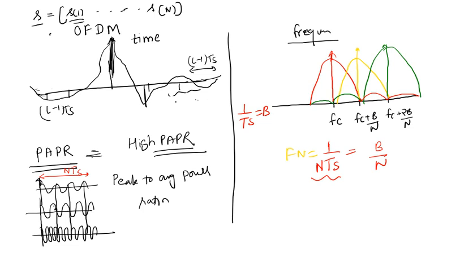So this is frequency fc plus B by N, fc plus 2B by N, and so on. This yellow part will also have some side lobes.